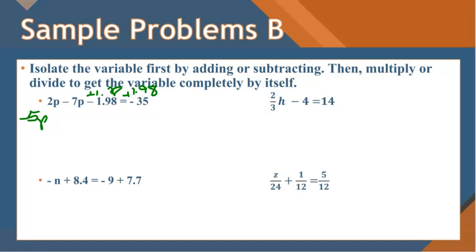So negative 35 plus 1.98 is going to give us negative 33.02. Then I can get p by itself by dividing by negative 5. And when I do that, p is going to equal 6.604.